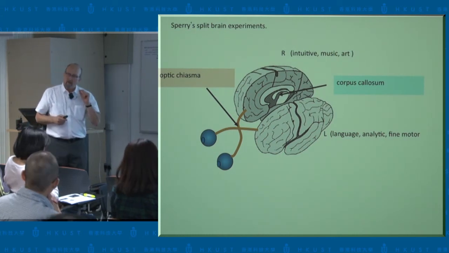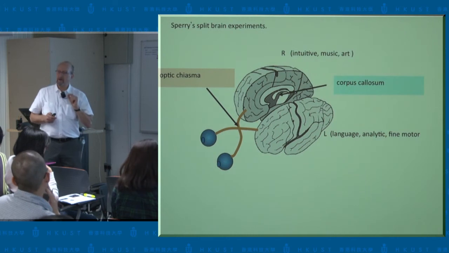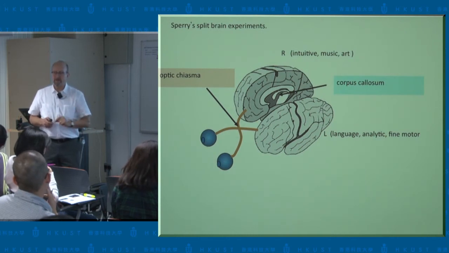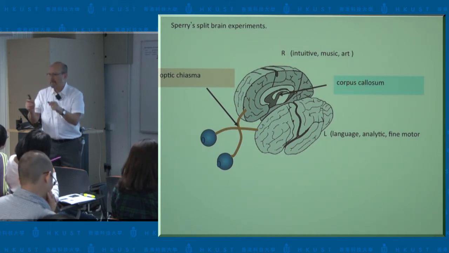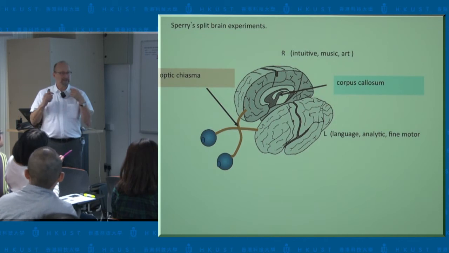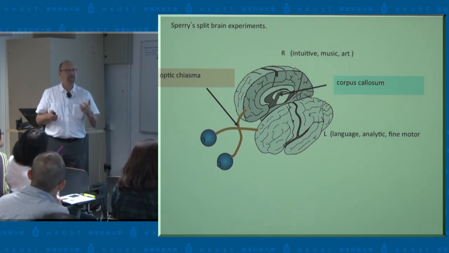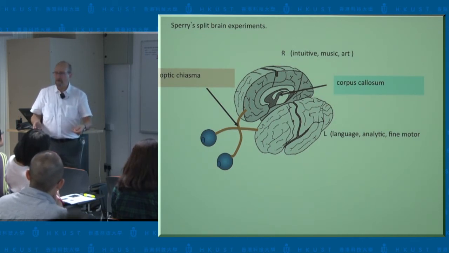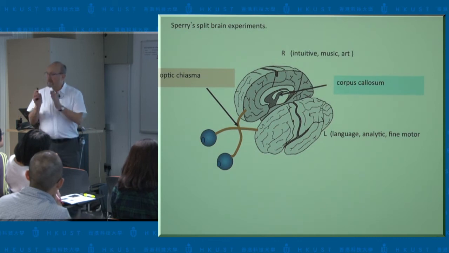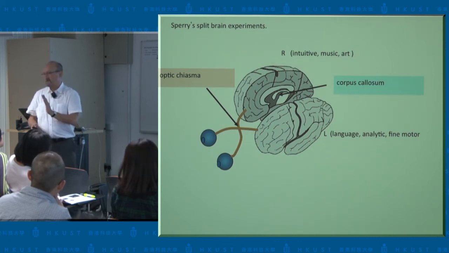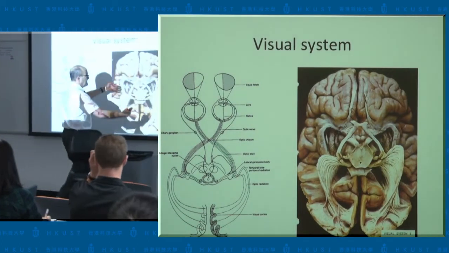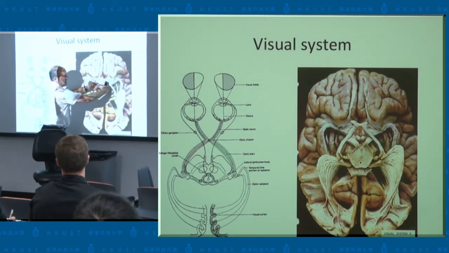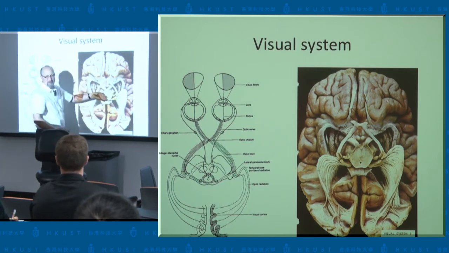He recruited a series of individuals that had a lesion separating the two halves of their brain. Some of these individuals got the lesion by injury. Others, it was deliberately done. They cut the connections between the left and right side of the brain, and those connections are this massive connection right here called the corpus callosum.